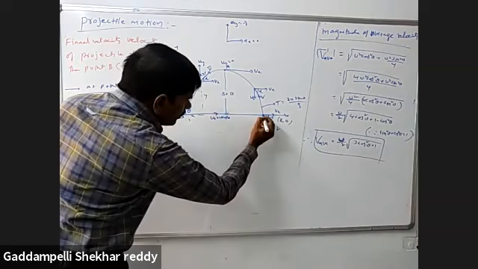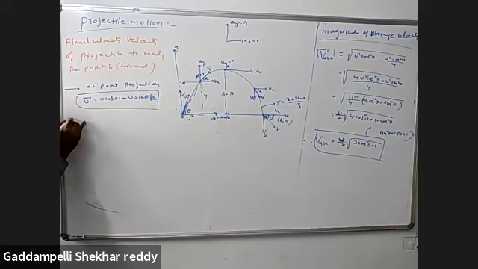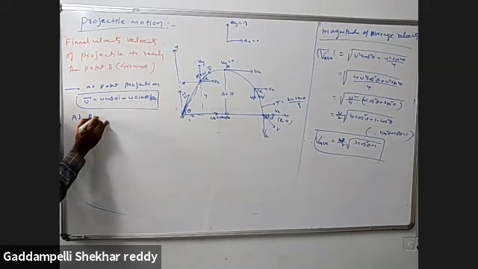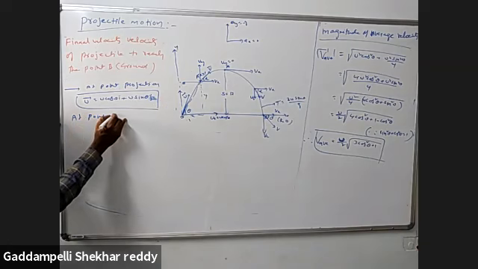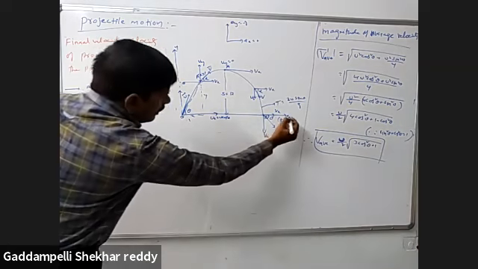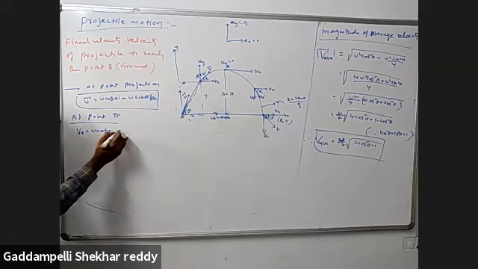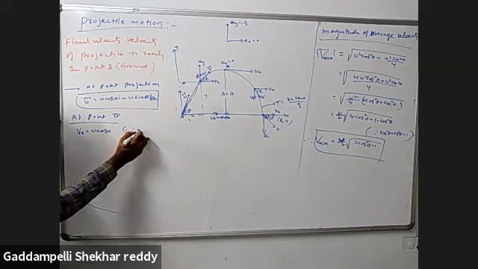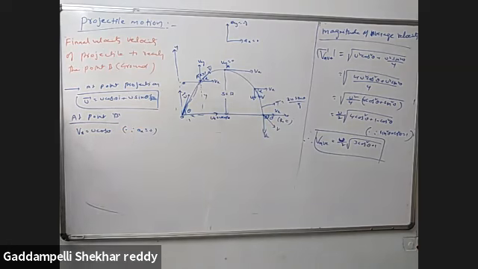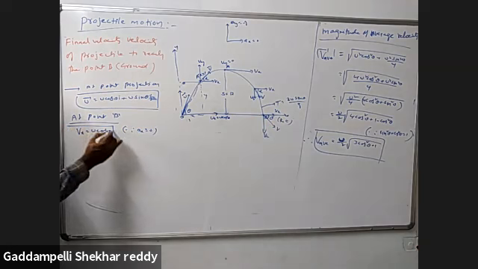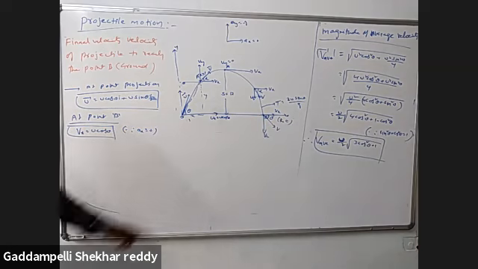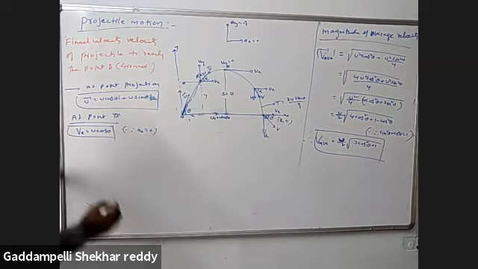So to reach the point B, the horizontal velocity Vx is equal to u cos theta, that remains constant since Ax is 0. But the vertical velocity changes due to gravity.